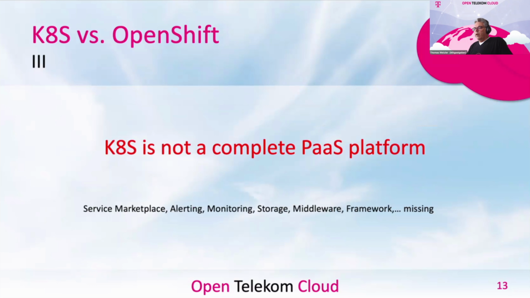So, as I already said, Kubernetes is not a complete PaaS platform. The service marketplace I'll show a little bit later, the alerting, monitoring, storage, middleware and so on. These parts are missing, and these are included in OpenShift.